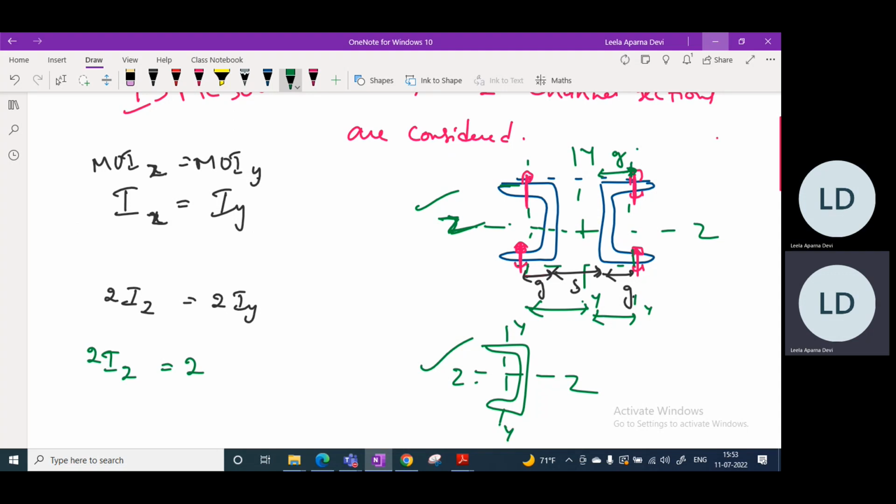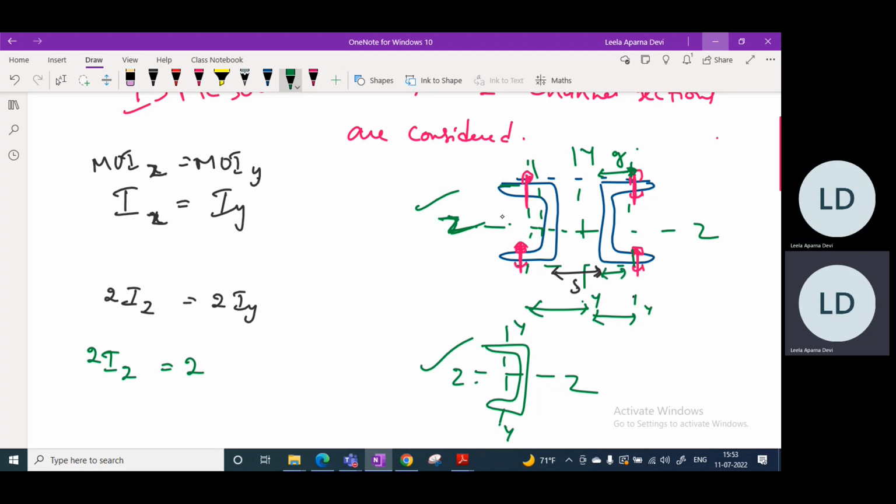So now actually we need to take here the CYY value. Okay.